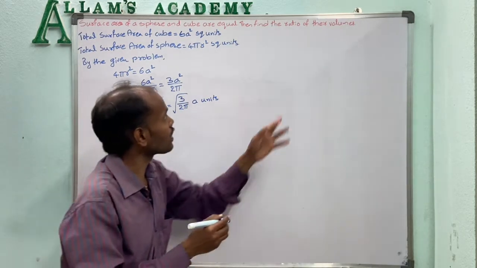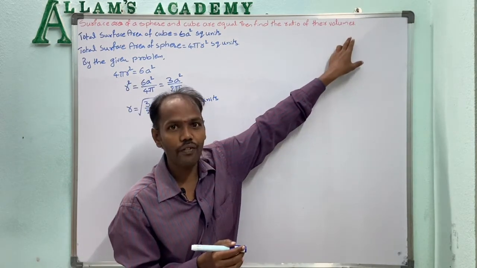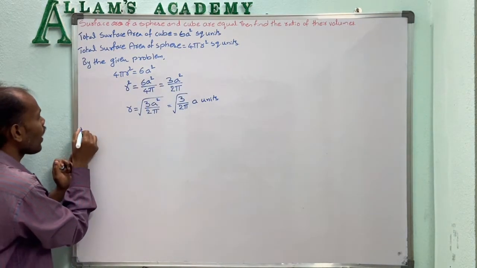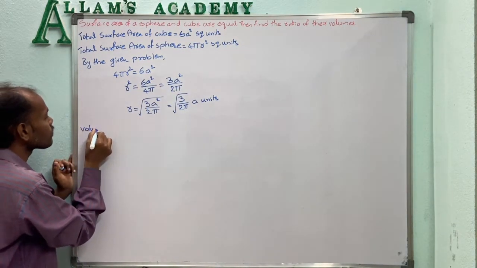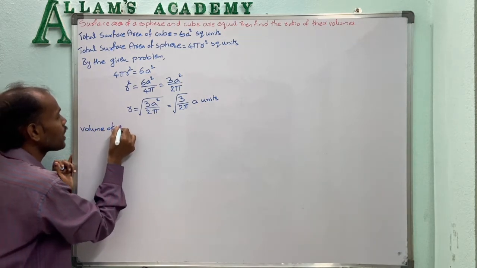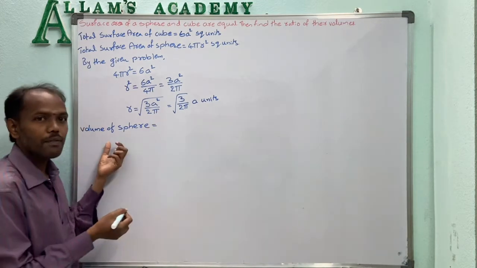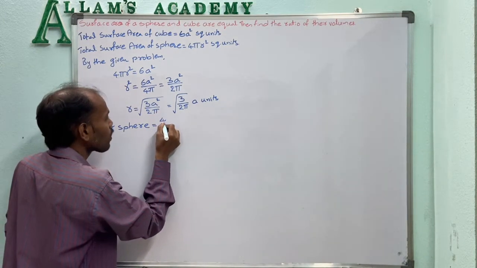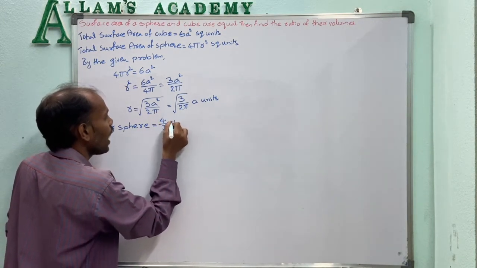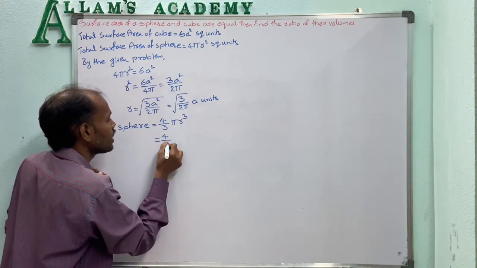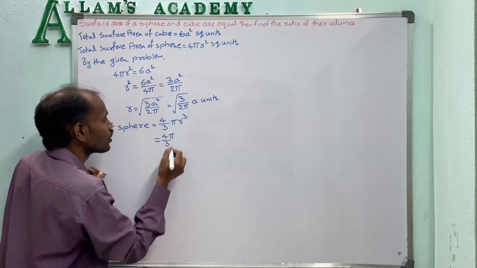Now we are asked for the ratio of their volumes. Now finding the volumes. The volume of the sphere is 4 by 3 pi r cube, which equals 4 by 3 into pi into r.